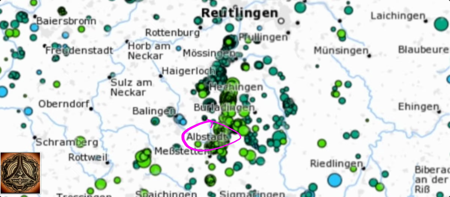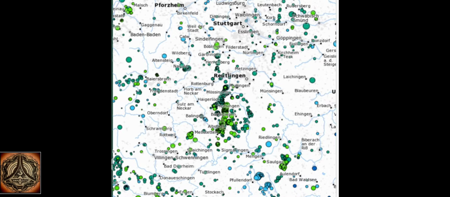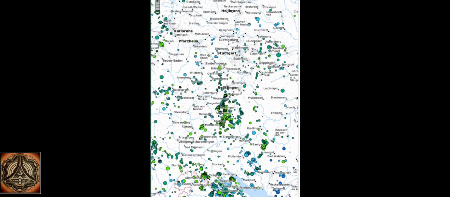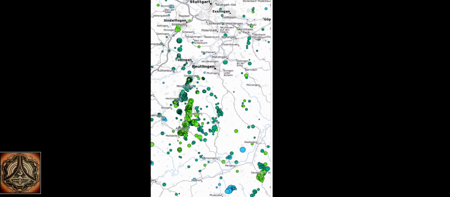And here is Albstadt. And again, one line, a second line, and here somehow a third line of quakes. And here's another somewhat cluster. That's the place where the volcano is, I guess. I'm not exactly sure.